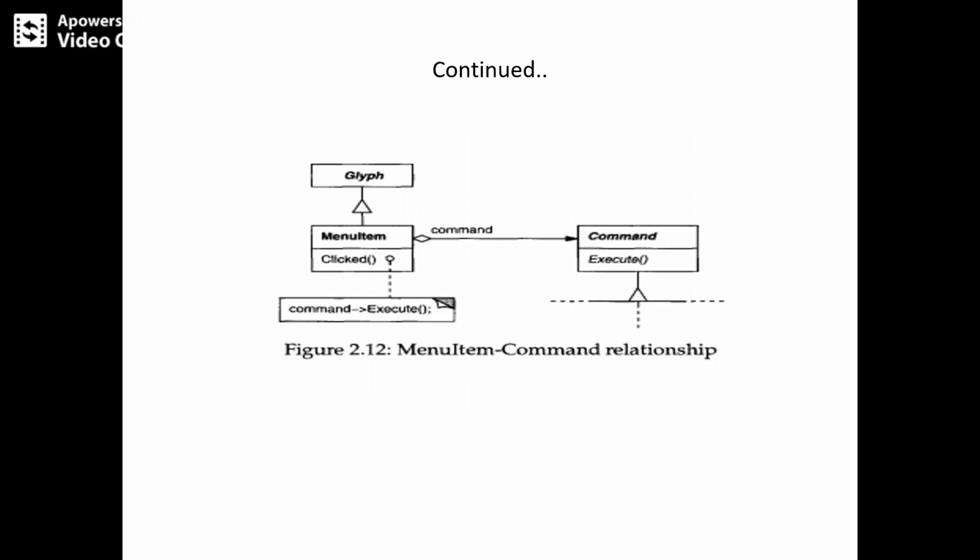The next one is the menu item command relationship. A menu item can store a particular command object that encapsulates a request.